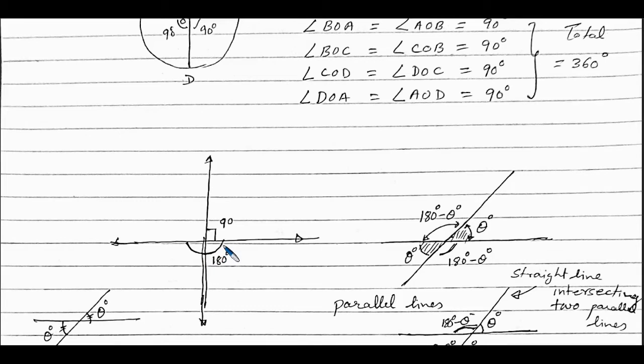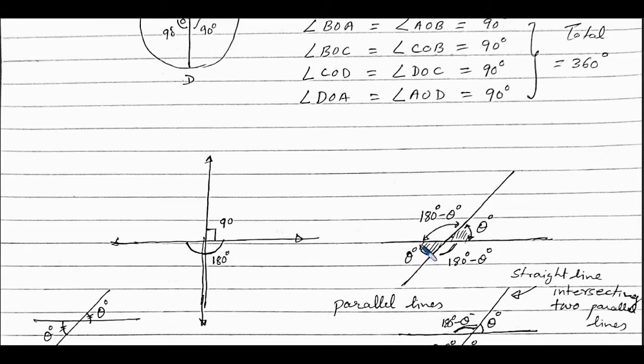So you take a stick and try it out: if you cross 2 straight lines, the angle subtended say is theta. So the opposite angle here will also be theta degrees. And if this is theta degrees, I know the straight line is 180 degrees.